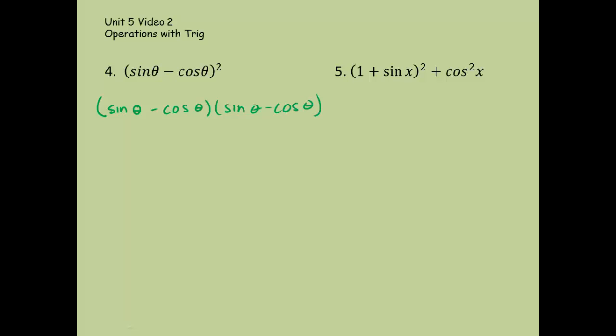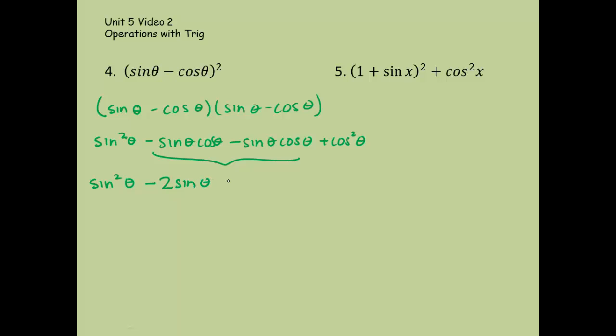And I'm going to just start multiplying it. So I get the sine squared of theta minus sine of theta cosine of theta, minus sine of theta cosine of theta plus cosine squared of theta. If I start putting these together in the center, I get sine squared of theta minus 2 sine of theta cosine of theta plus cosine squared of theta.